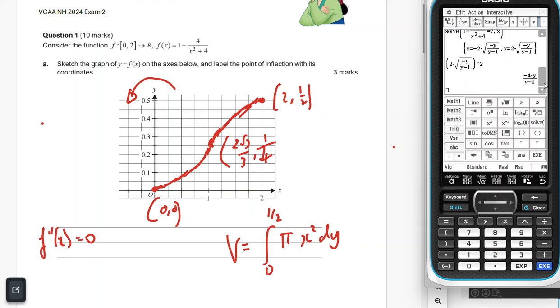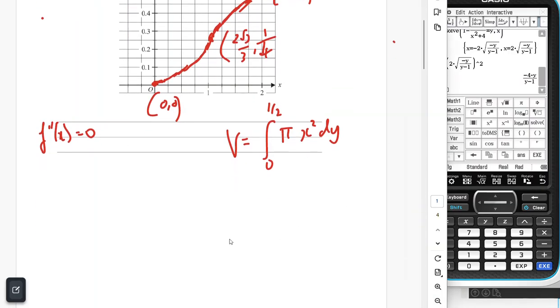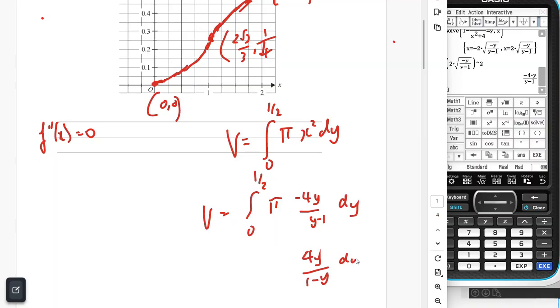That's what my x squared term is. So that's going to be volume equals the integral from 0 to 1/2 of pi times minus 4y on y minus 1 dy. You might have 4y on 1 minus y dy.